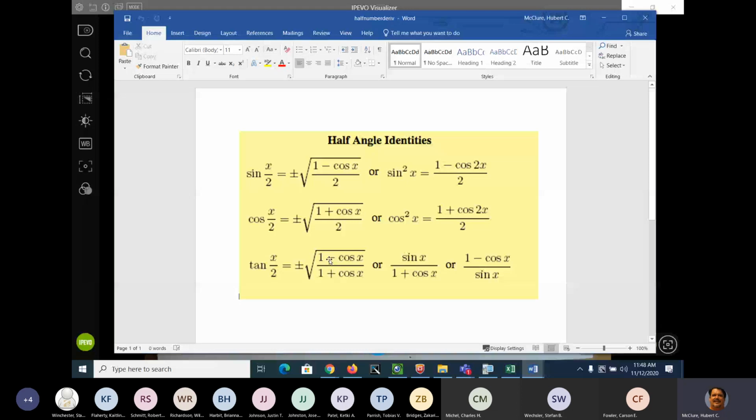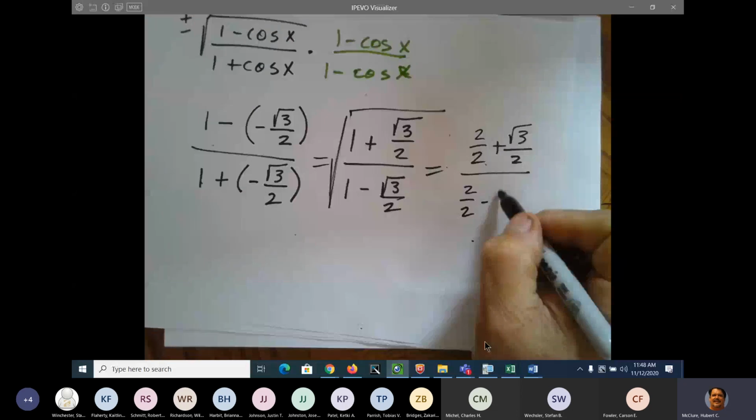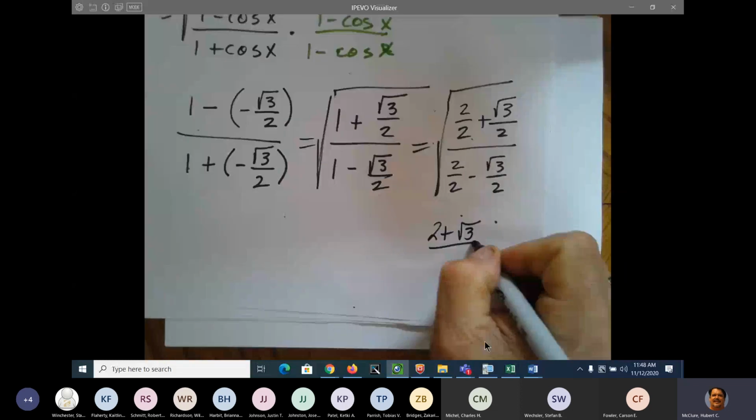And you can change this to 2 over 2 if you wanted to. You could change that to 2 over 2 plus the square root of 3 over 2, over 2 over 2 minus the square root of 3 over 2. And that'd give you 2 plus the square root of 3 over 2, over 2 minus the square root of 3 over 2, and then multiply by the fraction.